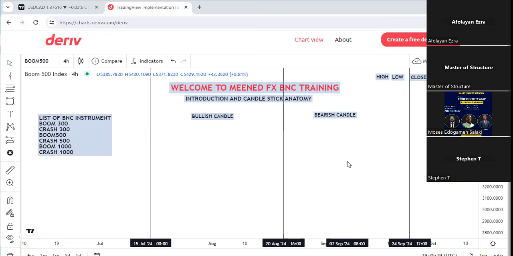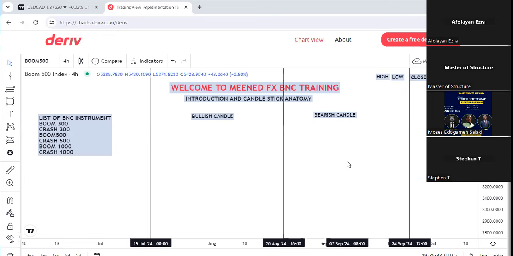Boom 300 is not very volatile. If you don't have up to like $150, I won't advise you to actually trade the asset. You just have to wait on that asset.